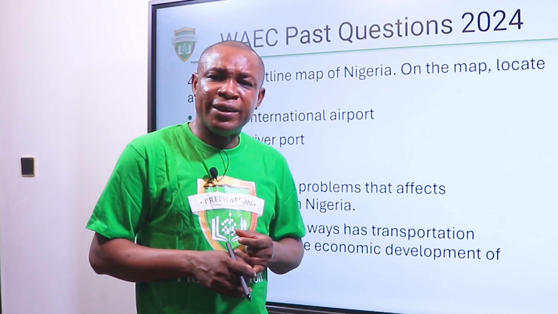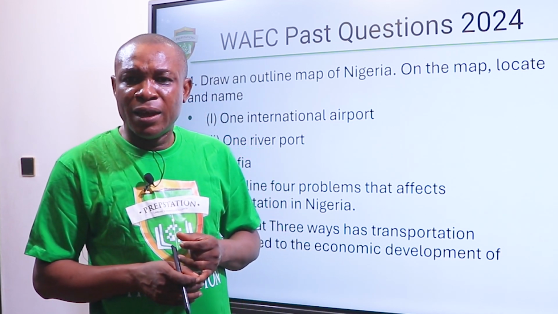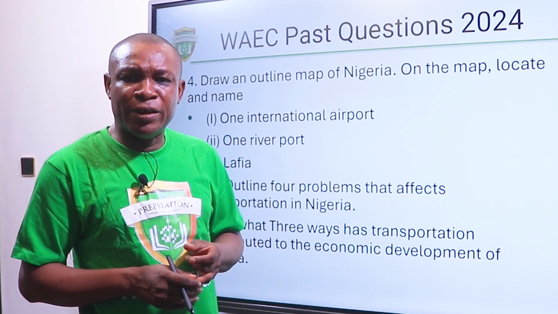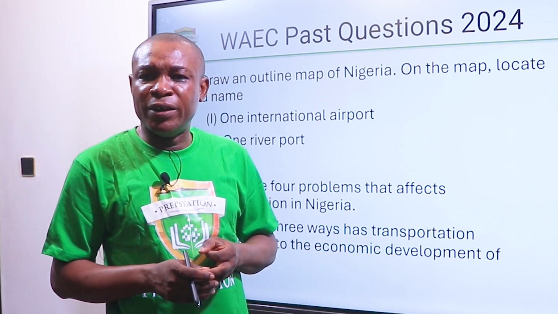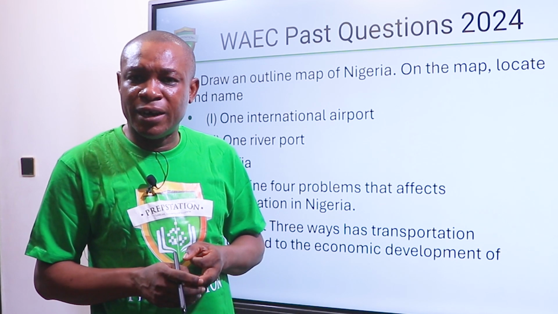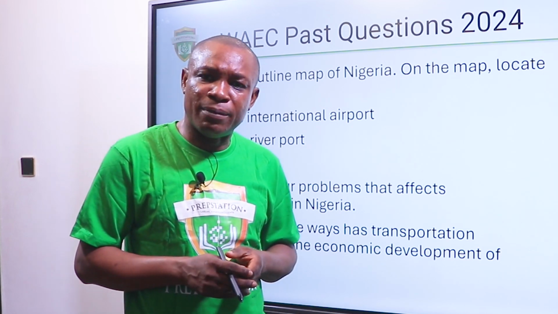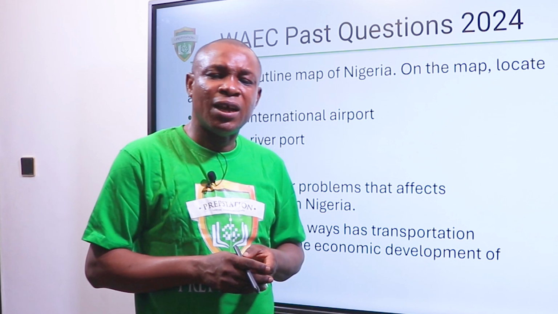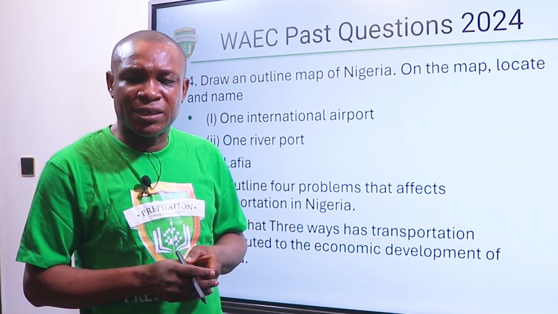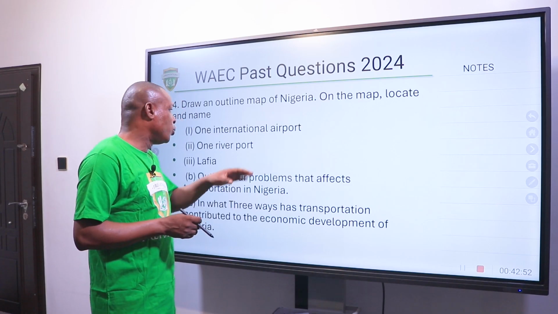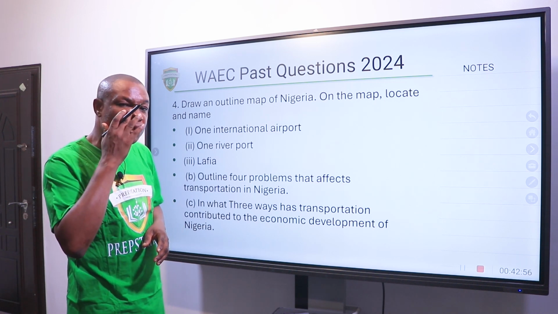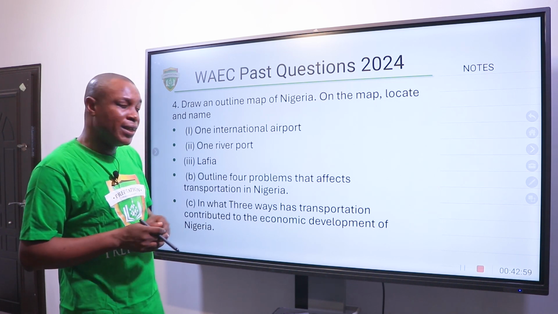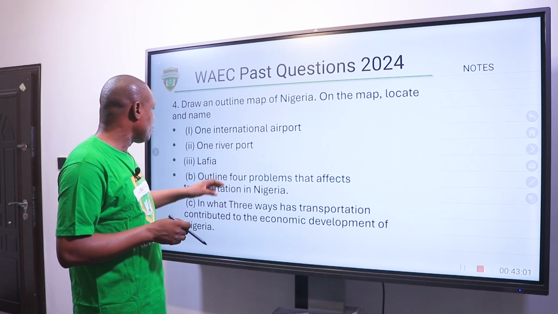We have the Nnamdi Azikiwe International Airport in Abuja, the Murtala Mohammed International Airport in Lagos, the Aminu Kano Airport in Kano State, the Akanu Ibiam Airport in Enugu State, and the Port Harcourt International Airport. So you draw the map of Nigeria and then pick any one of those locations. That's where you have the international airports.